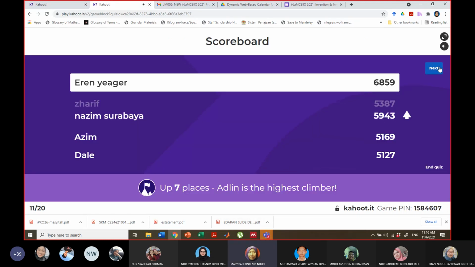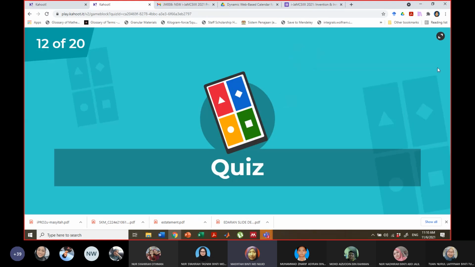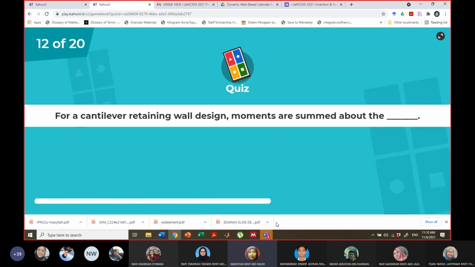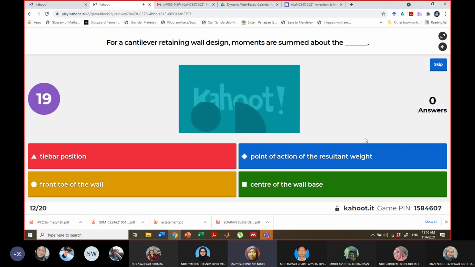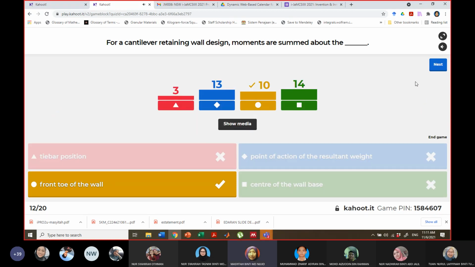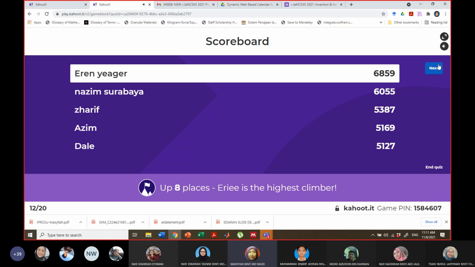Next is, okay, there are changes in positions. So someone is climbing. Okay, for cantilever retaining wall design, moments are summed about the... Okay, the answer is the front toe of the wall.